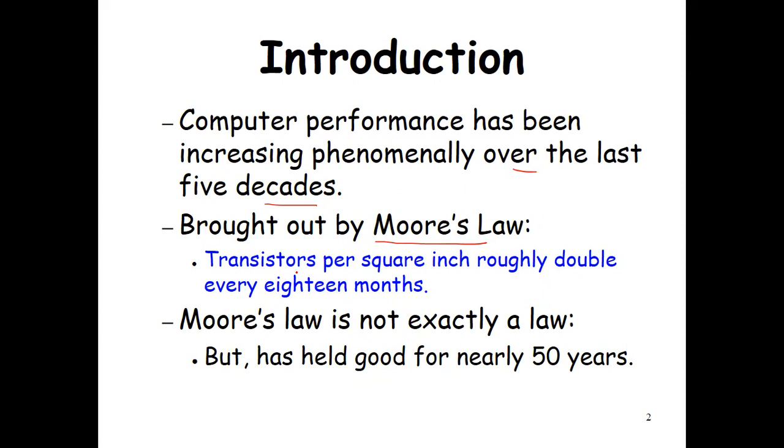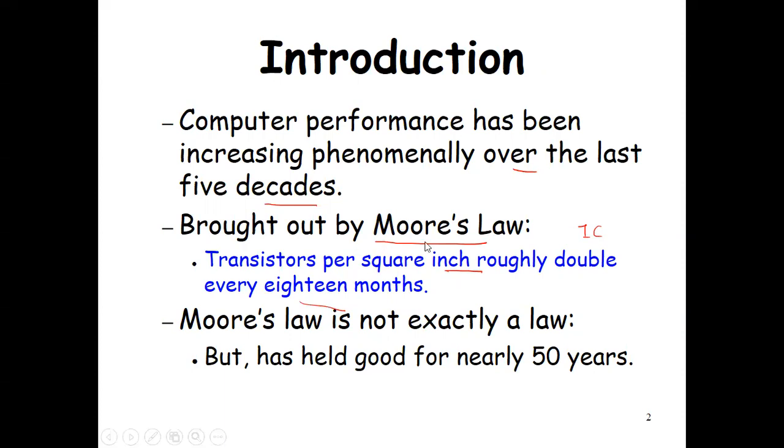Moore's law states that the transistors used per square inch of an integrated circuit will double every 18 months.